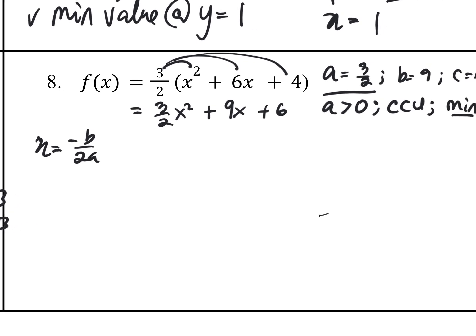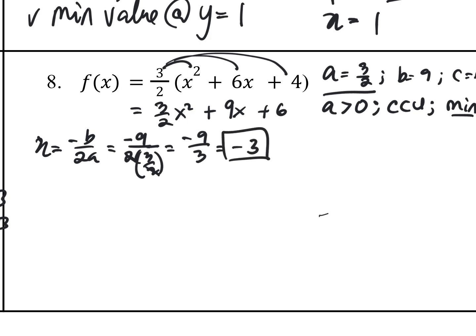So that's going to give you negative 9 over 2 times 3 over 2. Okay, so I'm going to cancel these 2. What is left is just 3. So that's going to give you negative 9 over 3. It's going to give you negative 3. So that's your x coordinate for your vertex.